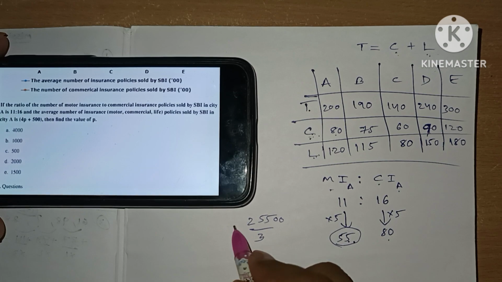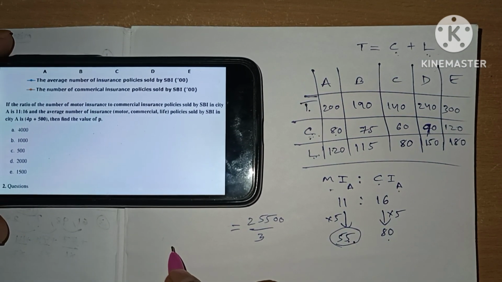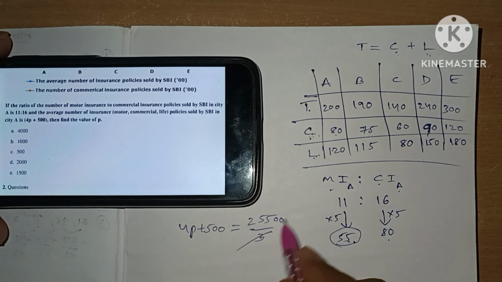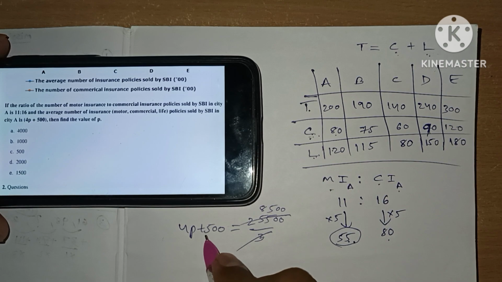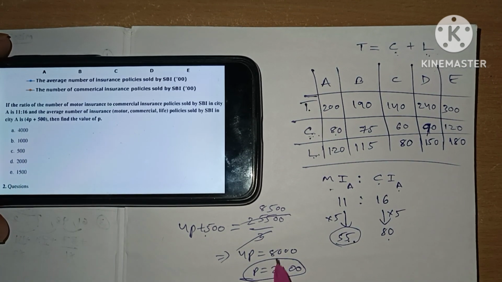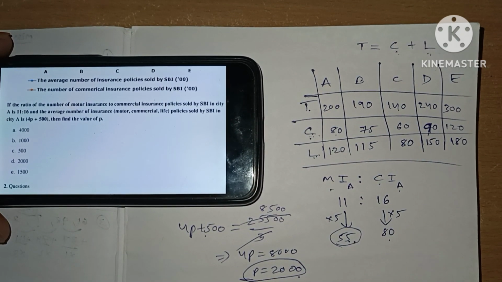The whole this equals 4p plus 500. So 4p plus 500 is 8 times 5 times 00. 500 goes to this side with a minus, so we are left with 4p equals 8000. P value is 2000. The question asked is to find the value of P, so the answer for P will be 2000. Option D is our answer.